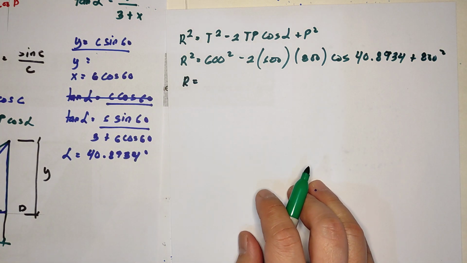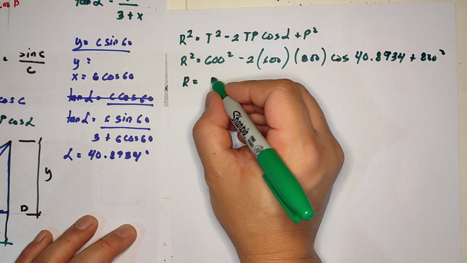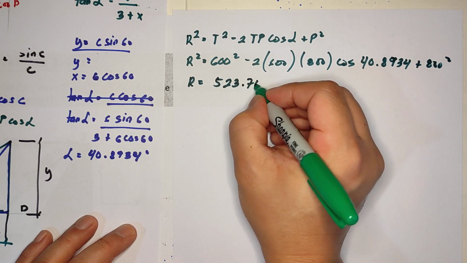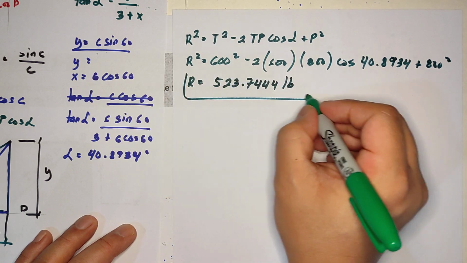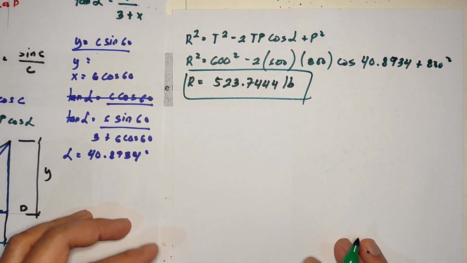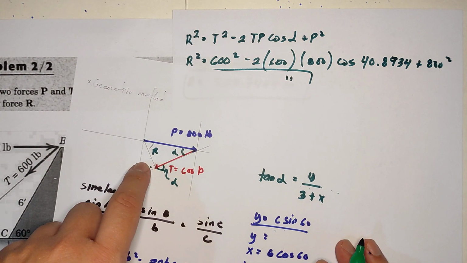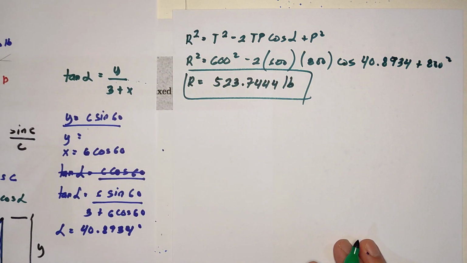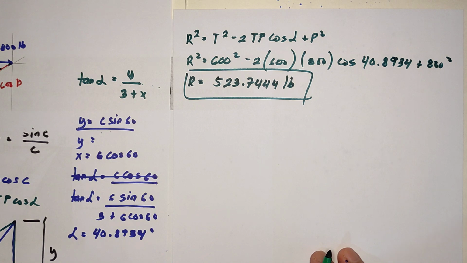The r that I computed earlier is 523.744 pounds. So that's the r. If you want to draw it using the graphical method, you can actually get the magnitude of r, that is 523.74.